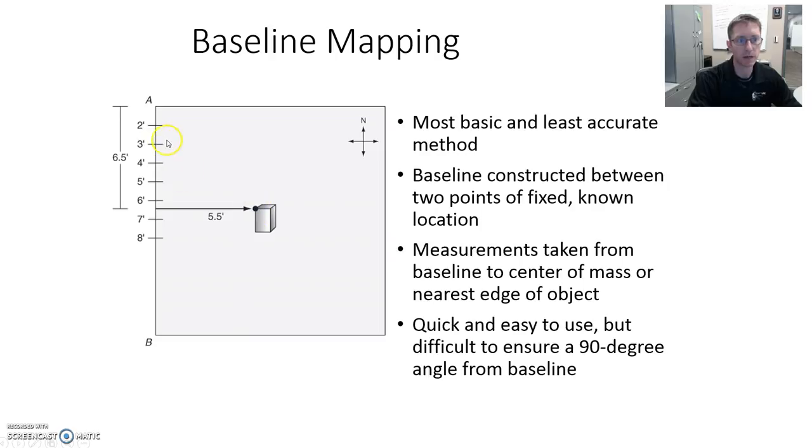So the corner of this box is 6.5 feet to the south of our reference point. And then with the second tape measure, we measure over 5 feet and 5 inches. And so we'd literally end up with a coordinate that would be south 6.5, east 5.5.